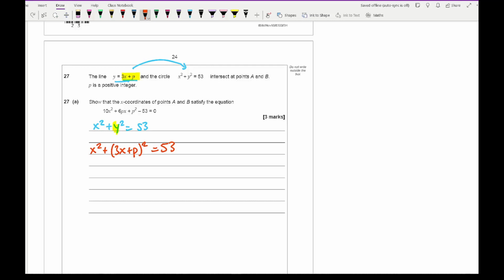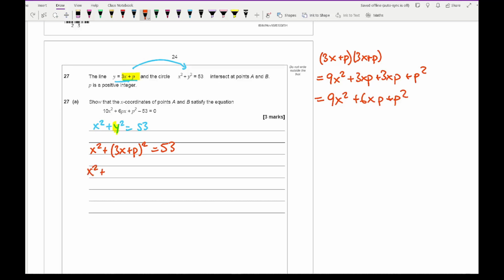So now what I want to do is expand that out. It's over here, (3x plus p)(3x plus p) equals 9x squared plus 3xp plus 3xp plus p squared, which gives me 9x squared plus 6xp plus p squared. So here I've got x squared plus all of that, and then I want to make it all equal to 0.